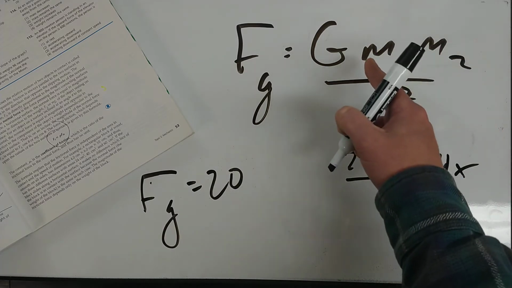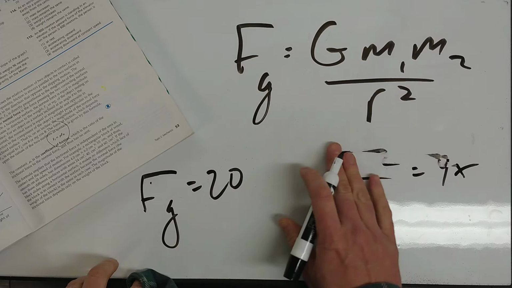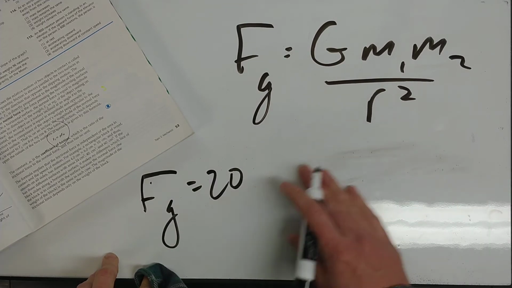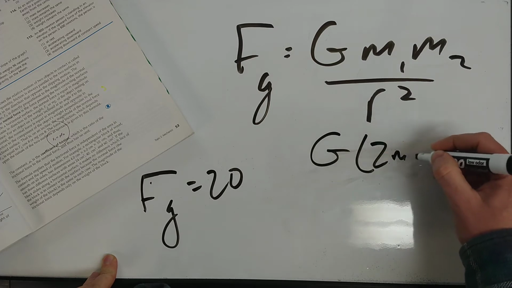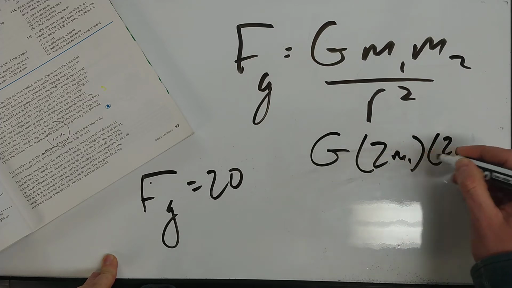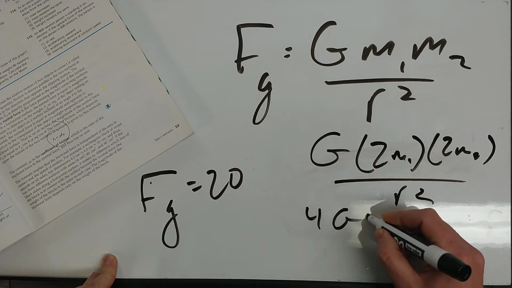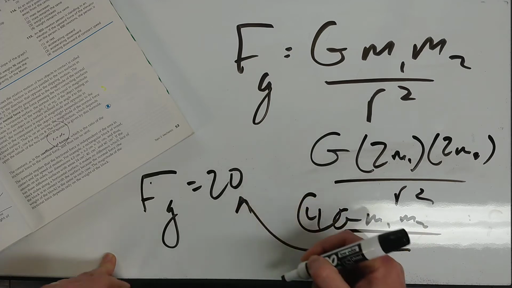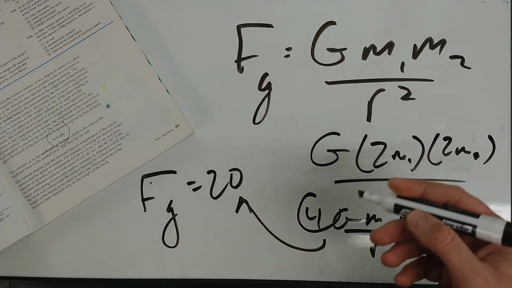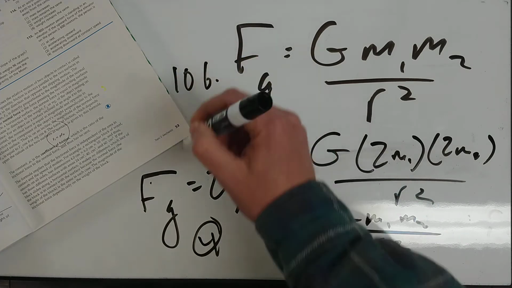The other way you can do it is like I did on the homework solutions, which was G times the new masses, 2m1 and 2m2, over r squared. So that's 4G m1 m2 over r squared. So it's 4 times bigger. If it was 20, now it is 80. The answer is 4 for number 106.